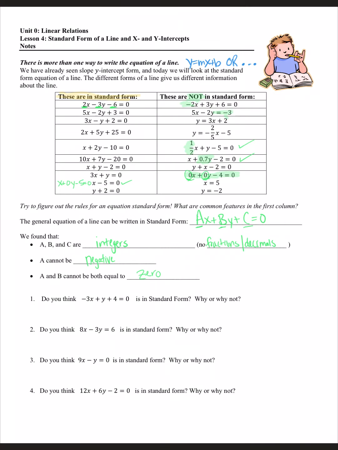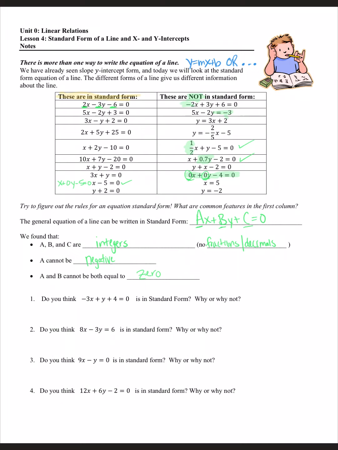Because 0y would just be 0. And that one would still be in standard form, because only one of them is 0, not both. So just remember those rules, okay? It's in that ax plus by plus c form. Gotta be integers, no fractions, no decimals. That first coefficient a cannot be negative, and a and b cannot both be equal to 0.